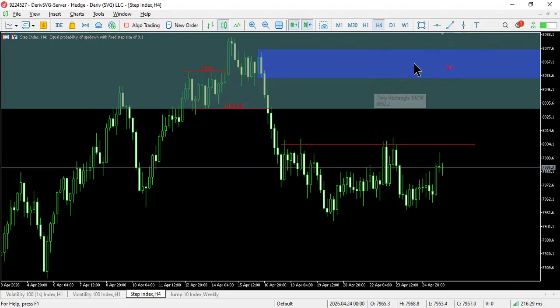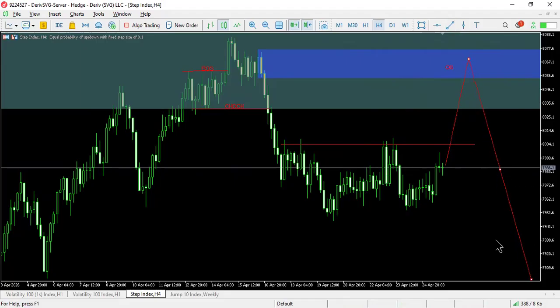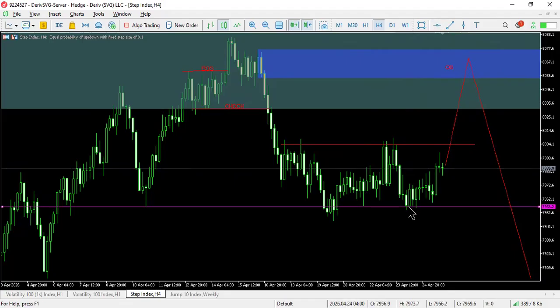Therefore, I'm anticipating for price to sweep the liquidity, tap into my order block, and then we can get a move to the downside since the overall trend is a bearish trend.